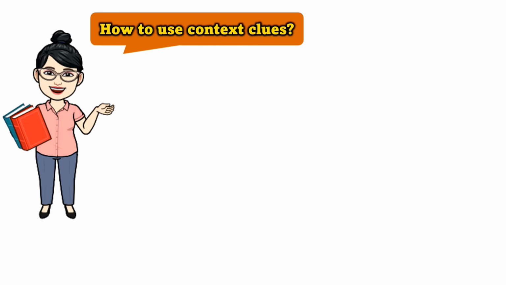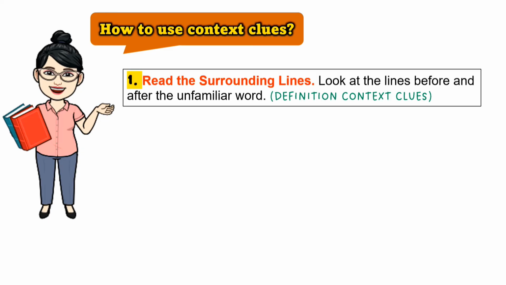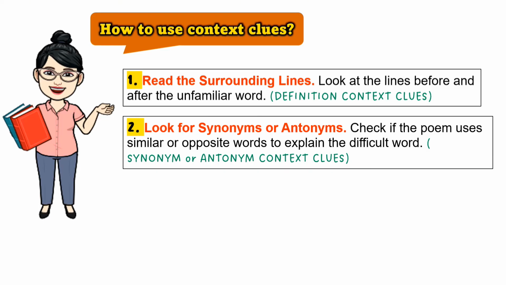The next time you come across a word you don't know in a poem, remember that you can use context clues. To help you understand it, just follow these steps. 1. Read the surrounding lines. Look at the lines before and after the unfamiliar word. 2. Look for synonyms or antonyms.